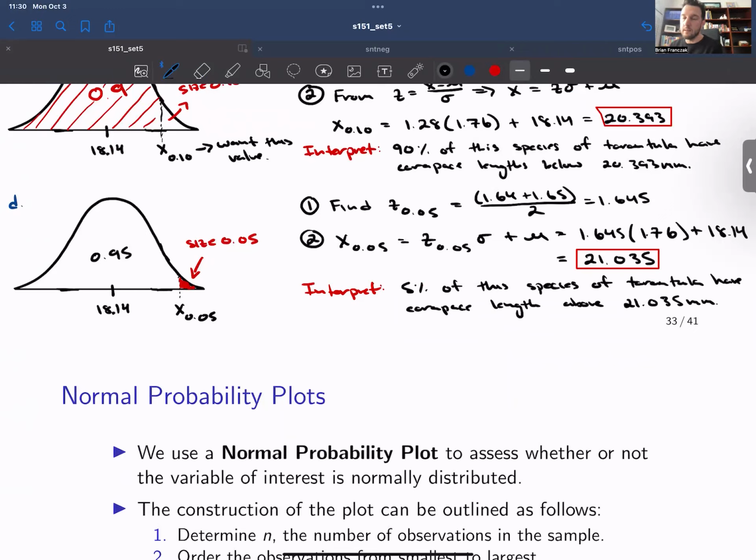And you could also say, and it wouldn't be incorrect to say it this way, 95% of this species of tarantula have carapace length below 21.035 millimeters.